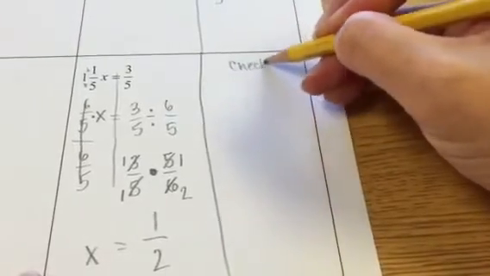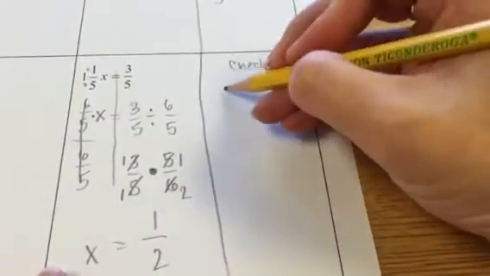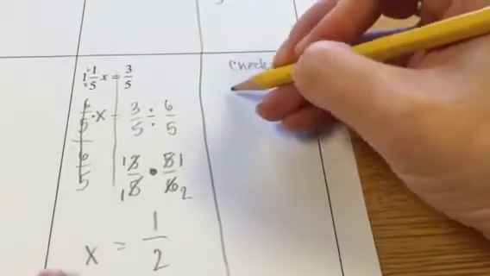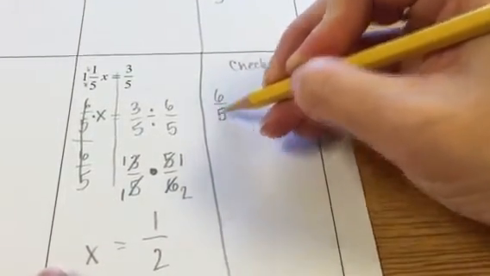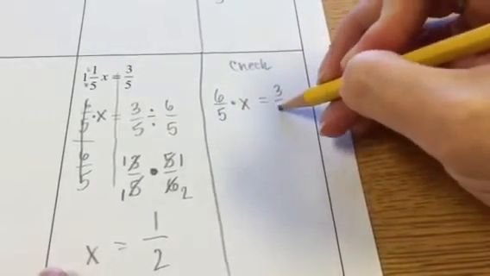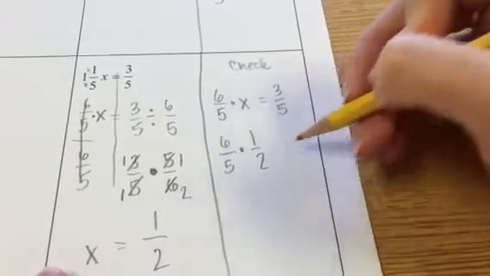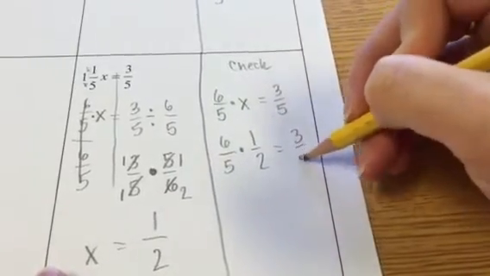Now I need to check that. So I'm going to bring my check over here, rewrite my original. I'm going to keep it as 6/5 times x should be 3/5. So 6/5 times 1/2 should be 3/5.